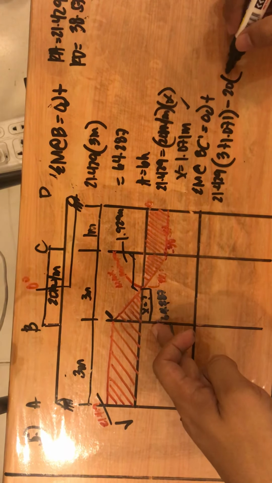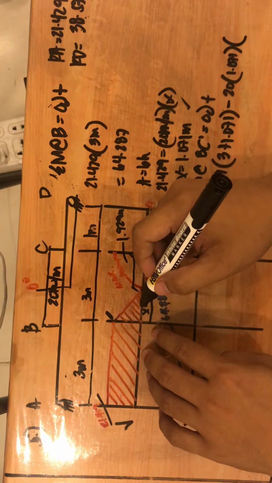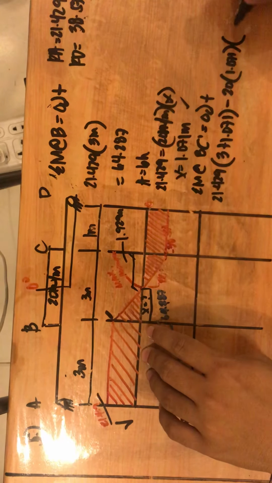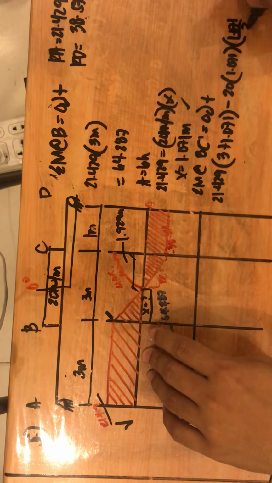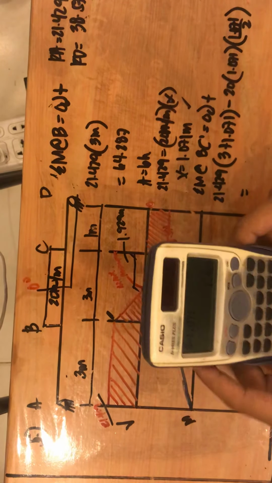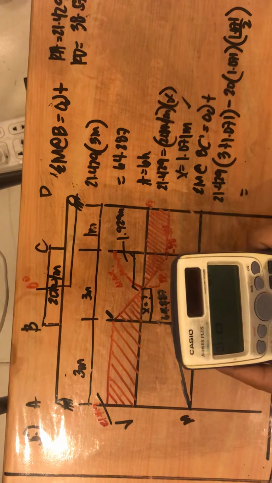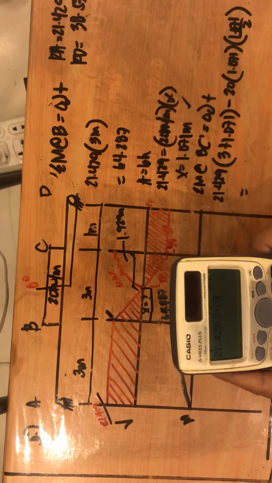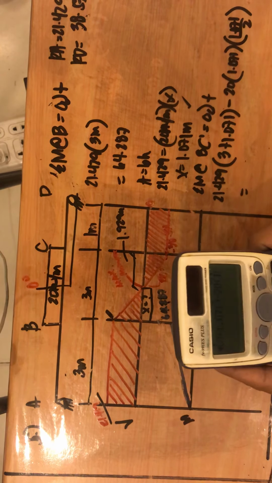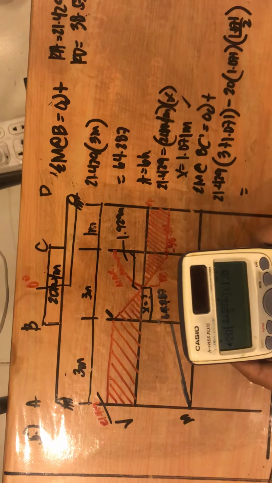1.071 times the centroid. From the middle of the 1.071 going to the location of the maximum moment, so 1.071 divided by 2. What is our moment at BC prime? 21.429 times (3 plus 1.071) minus 20 times 1.071 divided by 2 times 1.071.